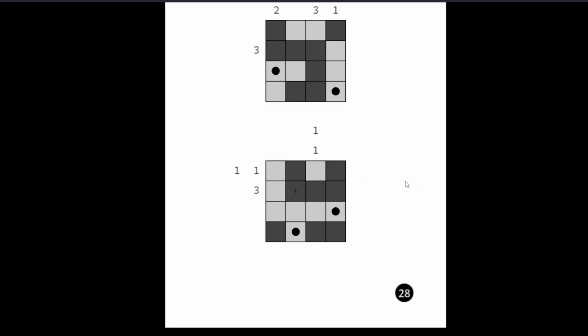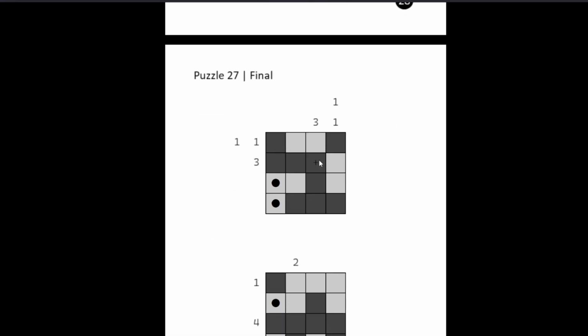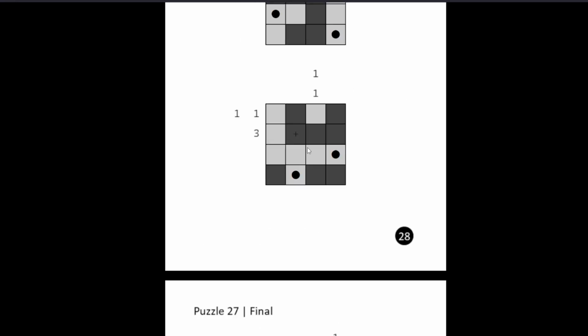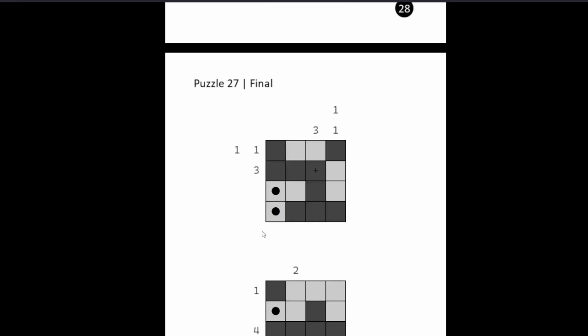Something like that. Okay. So now if we look at this, this was probably also unique. So this is not a connected shape, but it has diagonal symmetry and it's black in the center. And it's the same kind of diagonal symmetry. That's interesting.